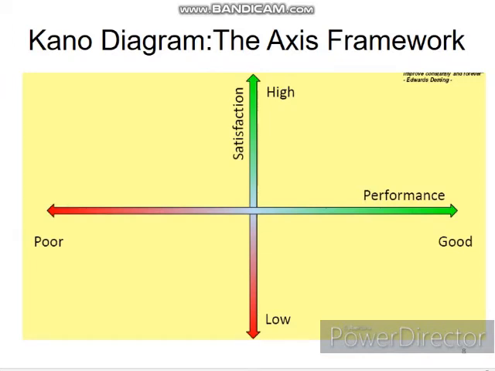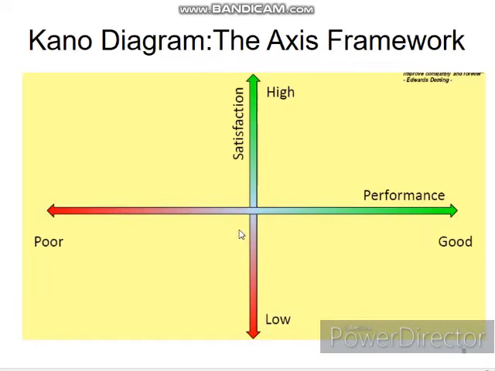As mentioned earlier, the Kano diagram has two axes. The x-axis indicates the performance. At the center of that axis is the y-axis, the vertical axis, which indicates the satisfaction level. The performance axis ranges from poor performance all the way to good performance, and the satisfaction axis ranges from low satisfaction to high satisfaction.